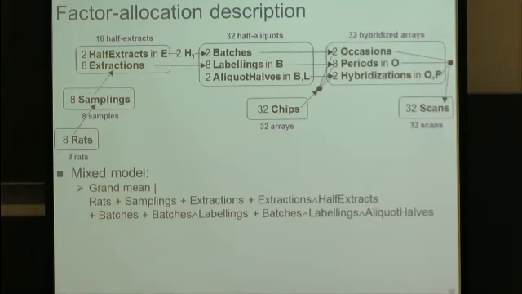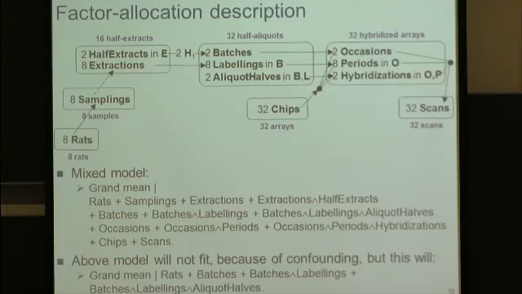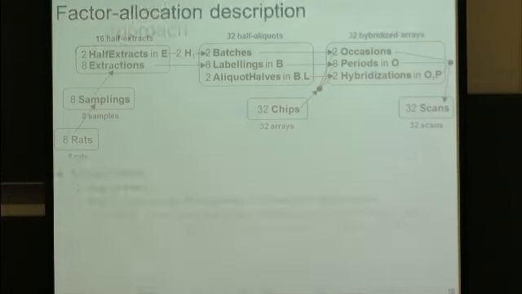And similarly in the hybridised array panel, I have the 3 terms: occasions, occasions periods, and occasion periods and hybridisations. And then we add in the terms for chips and scans as well, and that gives me the full model. Of course, that's not going to fit, but actually this one will. And the ANOVA is a good thing for showing that, but I obviously don't have time to go through the ANOVA that would apply in this case.